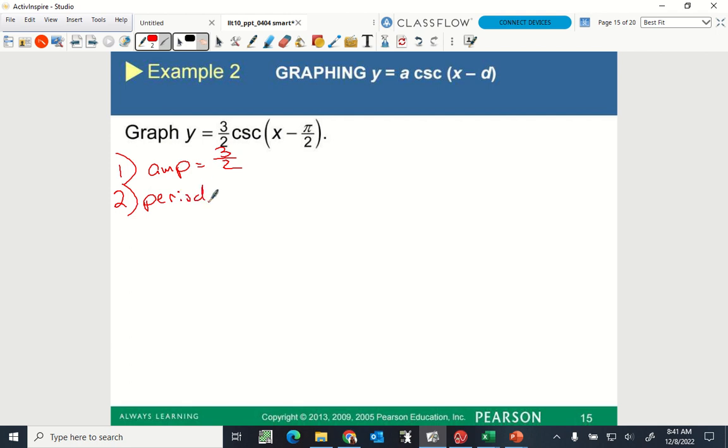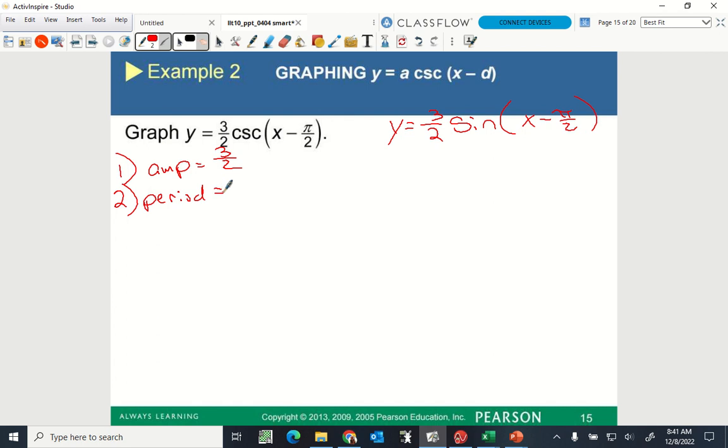Step 2 is period. Period is always 2 pi over b, right? And again, we're going to pretend like this one right here, y equals 3 over 2 sine of x minus pi over 2, because I'm going to treat it like it's a sine, since I do everything else the same.